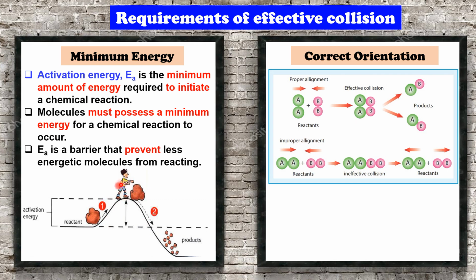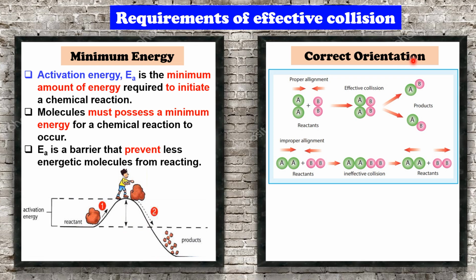Once the rock is on top of the hill, it will roll down the other side easily and produce a product, which means the reaction gets going spontaneously, releasing energy as it moves to the lower state. This is the higher state, this is the lower state of the potential energy.